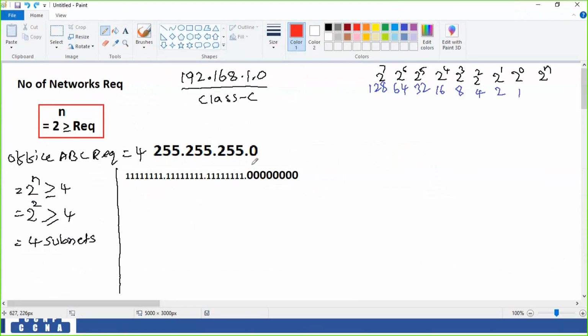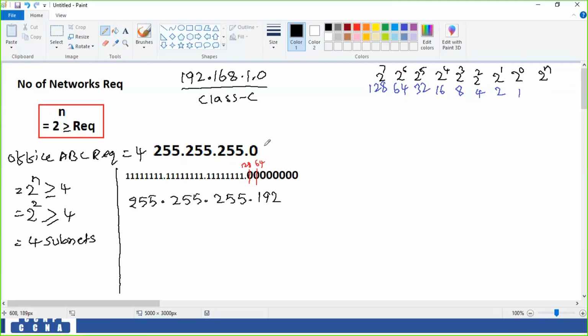Now what is the power value? 2. Convert the first 2 bits. What is the first bit value? 128. Then 64. So now we got one new mask, right? Subnet mask: 255.255.255, 128 plus 64 is 192.